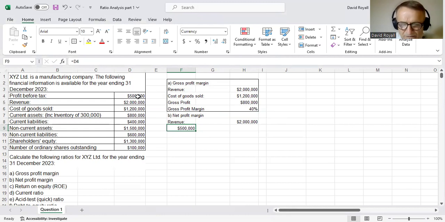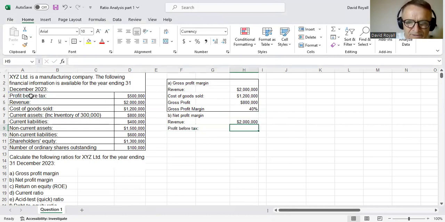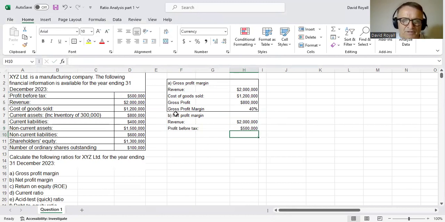Well, it's 500,000, the profit before tax. Now, you could actually work out what the expenses are from this, and I'll come to that in a second. Let's just answer the question first.